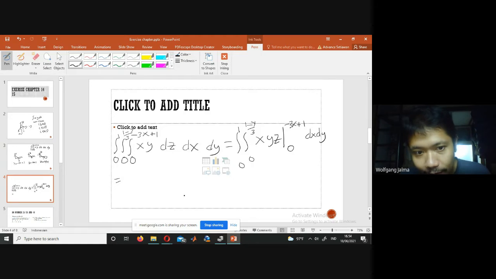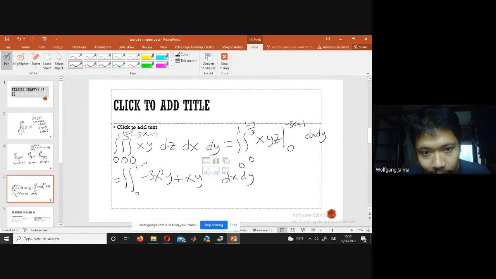So we have minus 3x squared y plus xy plus xy dx dy.